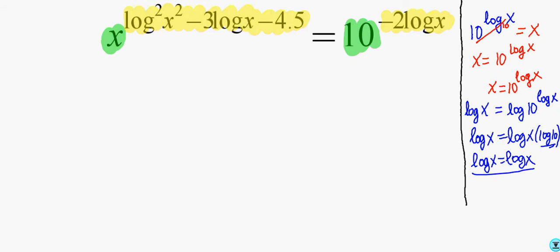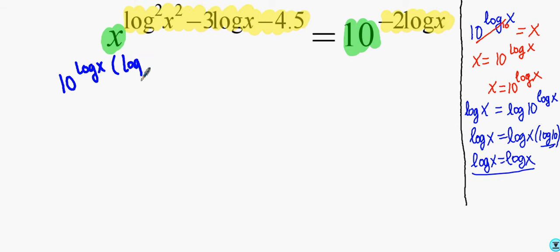So I'm going to go ahead and rewrite this here as, instead of x, I will say 10 to the power of log x, and then times all this yellow, because that's a power of a power, so we multiply powers.